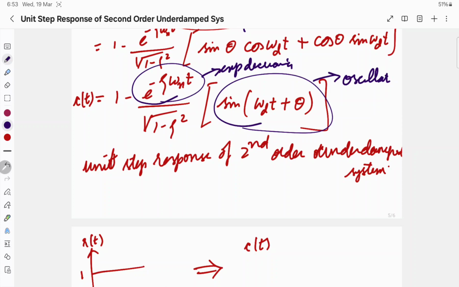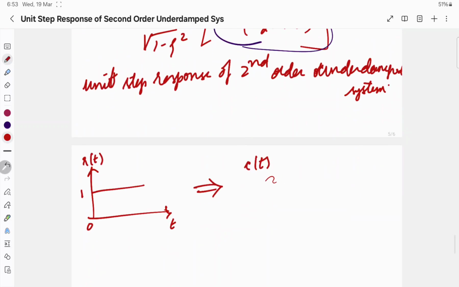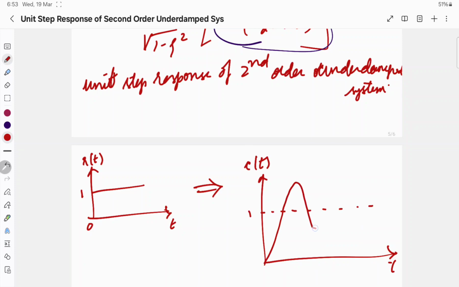So when the time increases, this entire thing is gone. Then ultimately it settles at 1, right? So this is the response. This is the input. Okay, right.